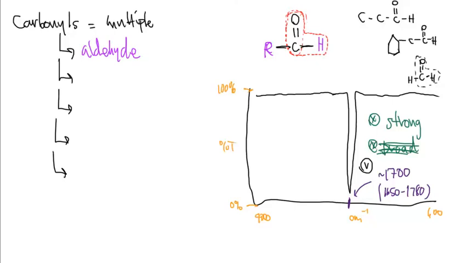And what this signal will look like is a peak that will come down, back up, and then come down again, and back up. This is the presence of the C double bond O H. That confirms that this is a carbonyl at 1700, and this is the aldehyde version because I see a double dip that happens here in the very beginning.